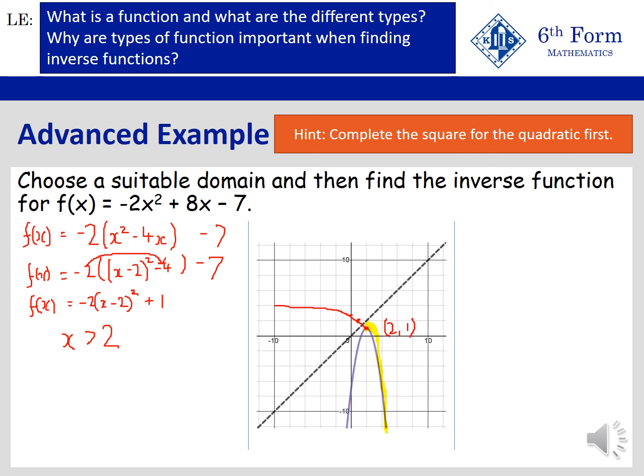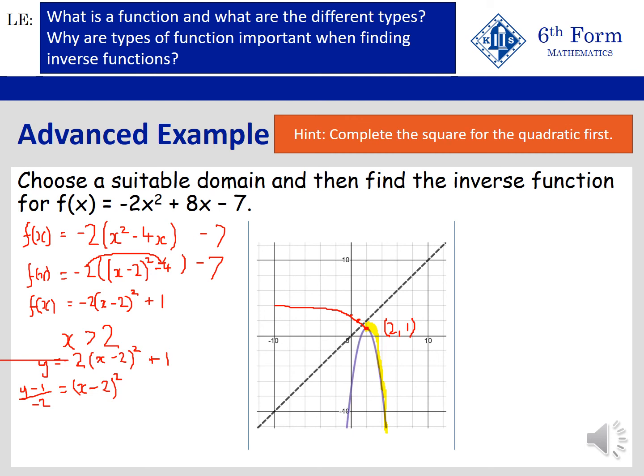So if we're trying to find our inverse function, let's start writing it as y equals. So our first job will be to subtract the 1, and we can divide by -2. I'm quite tempted to tidy this up because we've got -1 and -2.